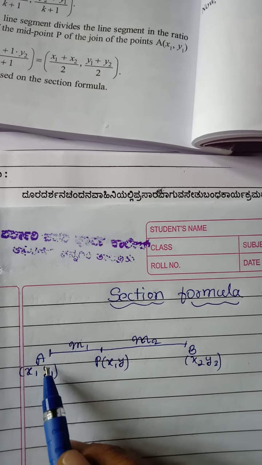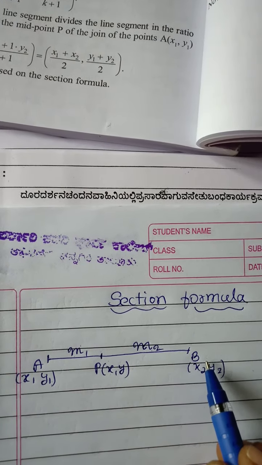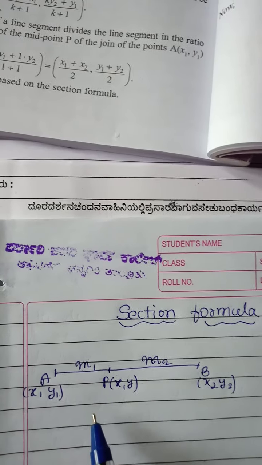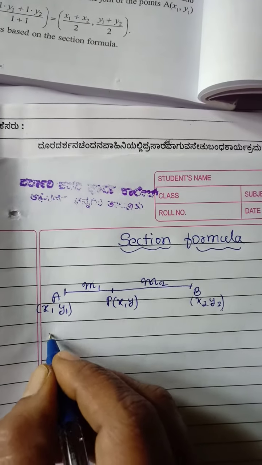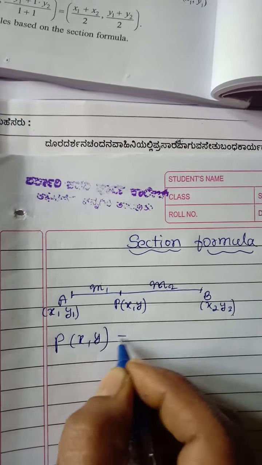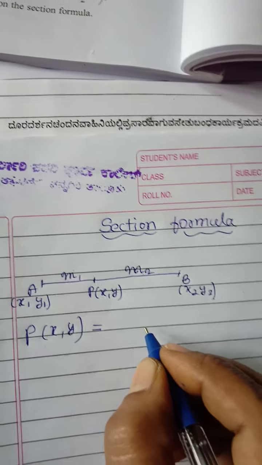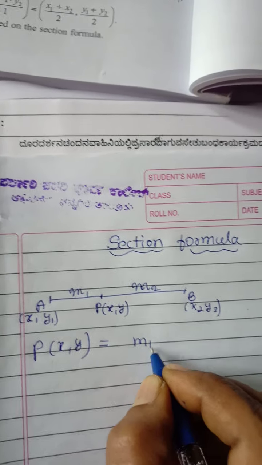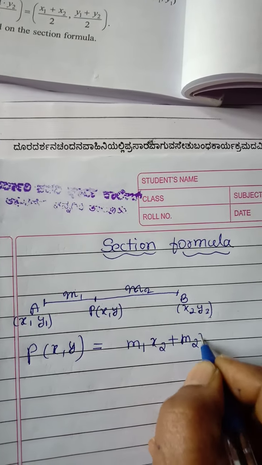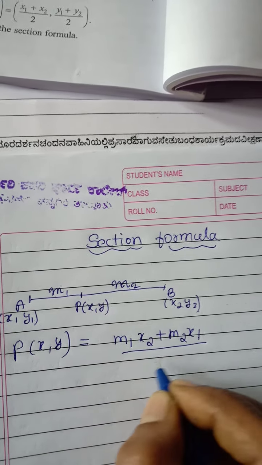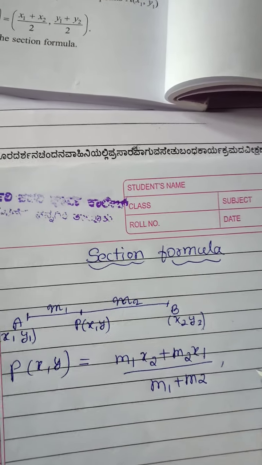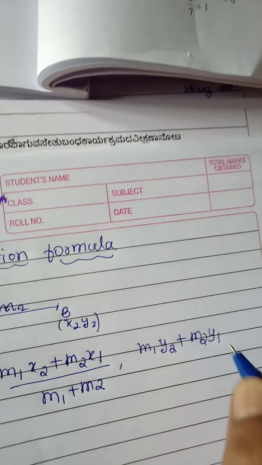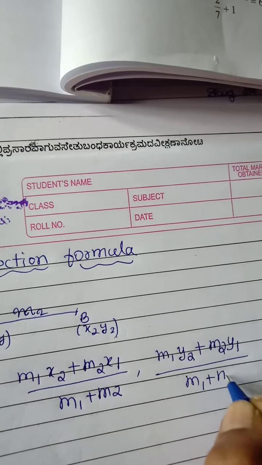Let the coordinates of A be (x1, y1), the coordinates of B be (x2, y2), and the coordinates of the point P be (x, y). Now the section formula gives the coordinates of P(x, y) as x equals (m1 x2 plus m2 x1) divided by (m1 plus m2), and y equals (m1 y2 plus m2 y1) divided by (m1 plus m2).